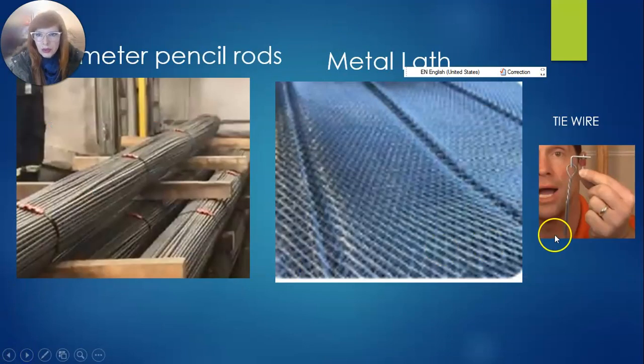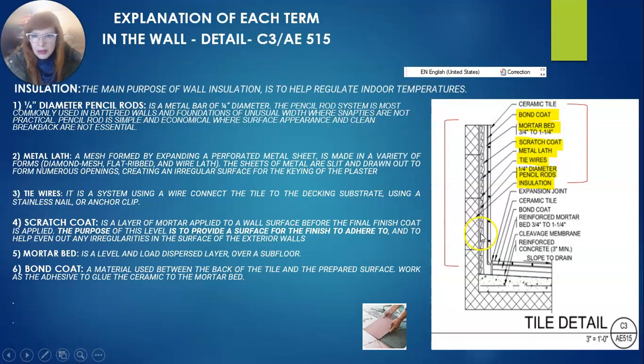You see here that this is the tie wire. If you can see in the detail, the tie wire is this one that is used to tie the metal lath with the pencil rods, okay?